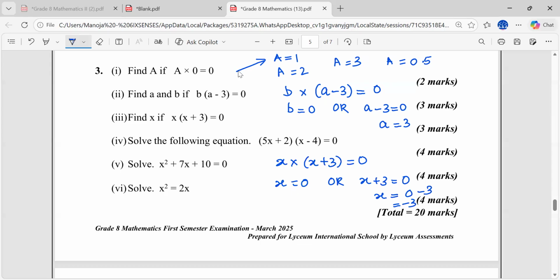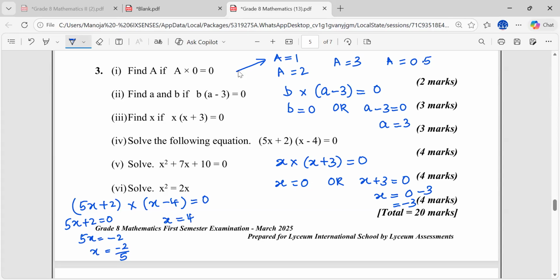And the next one also, when you have 5x plus 2 multiplied by x minus 4 equal to 0, to get the answer 0, either the first bracket should be 0 or the second bracket should be 0. So that means 5x plus 2 is equal to 0. Then 5x is equal to minus 2 and x is equal to minus 2 over 5. Or else x is equal to 4, right?